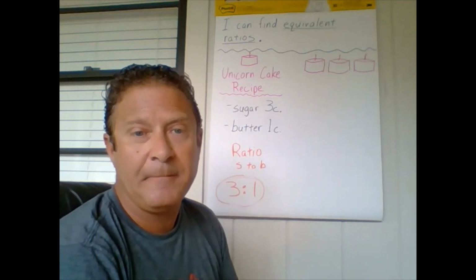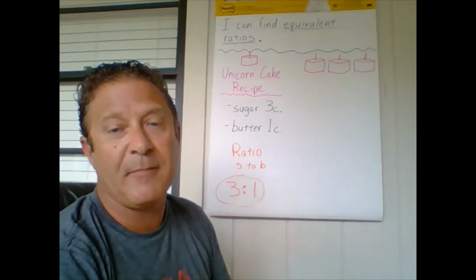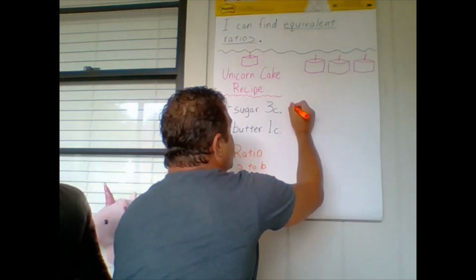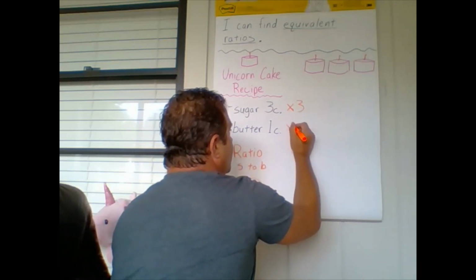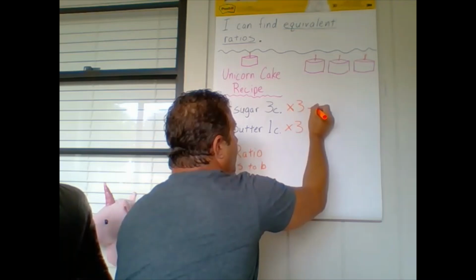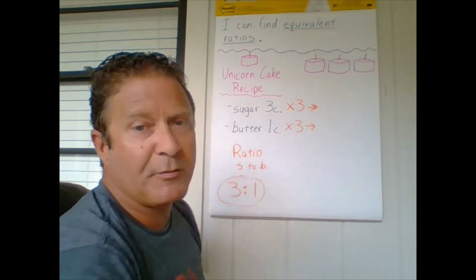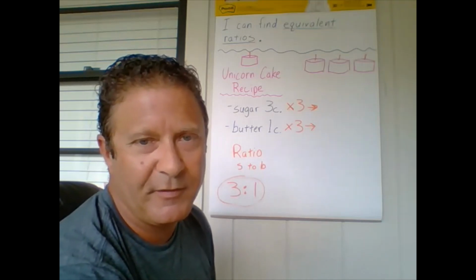Since I'm making 3 cakes instead of just 1, I'm going to take both my parts and multiply by 3. Multiply both parts by 3, and that's just an arrow I drew so you can see I'm moving it over.